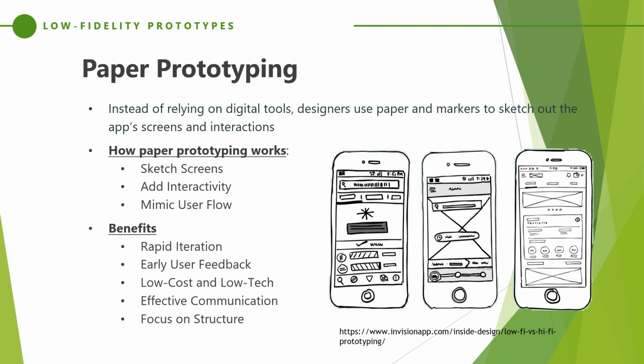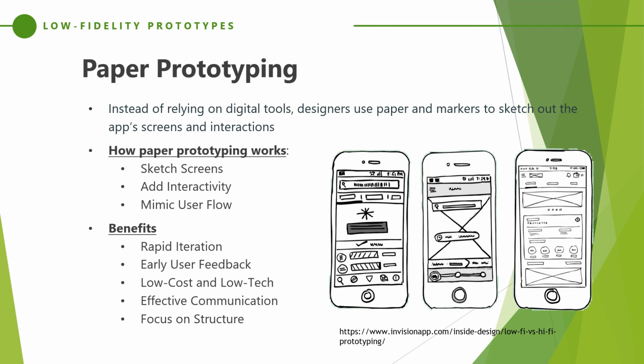Now, you can create a sense of interactivity because designers will use paper elements that can be moved or manipulated, such as paper cutouts for buttons or overlays that represent pop-up windows. Now, these elements are typically attached with pins, tape, and other removable adhesives.